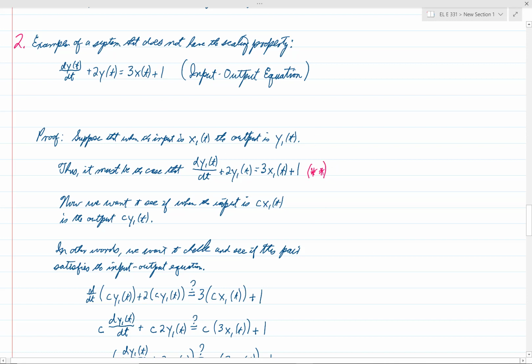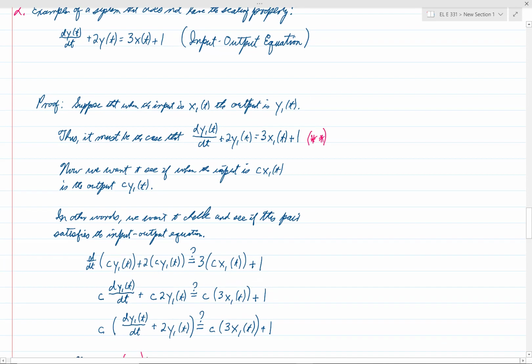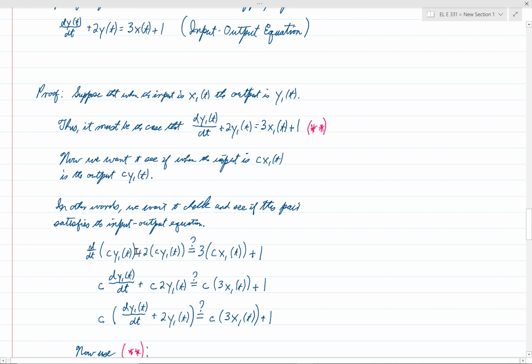So let's check and see. I'm going to plug in cy1 there, and cy1 there, and cx1 there. And again, I don't know if it's going to work out or not, so I'll put equals question mark. And now I need to just turn the crank and see how it works out.